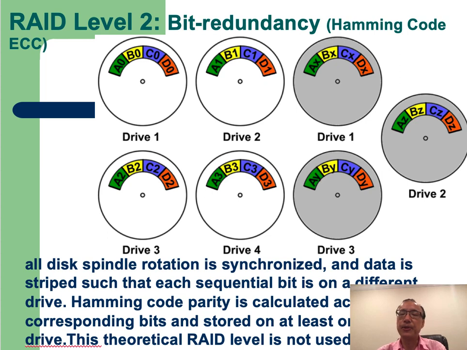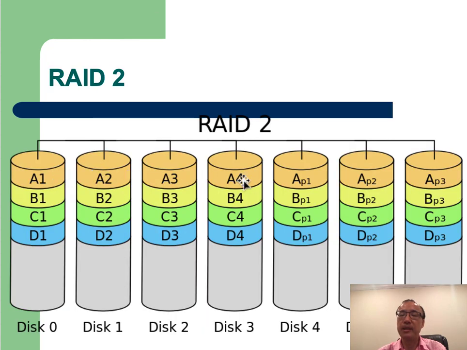I will briefly talk about RAID 2, 3, and 4, but they are not normally used. RAID 2 is bit level, so that means you put the bit parity into as many drives as you want. You could have 1, 2, 3, 4 drives of bit level parity.